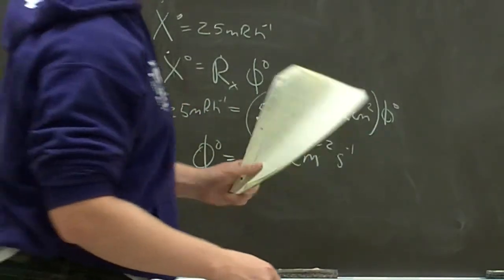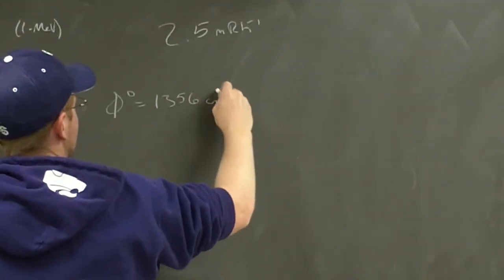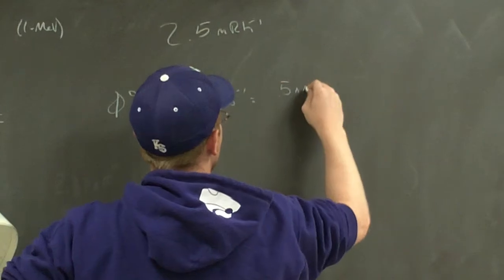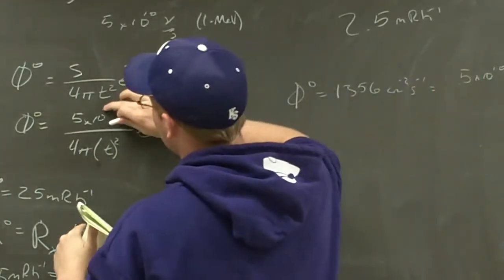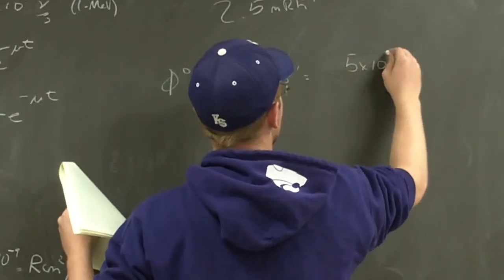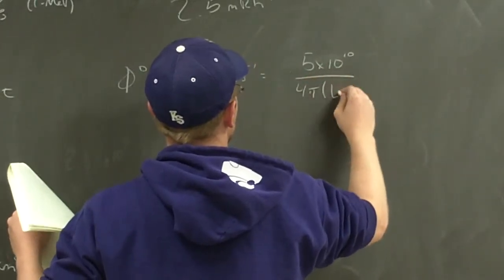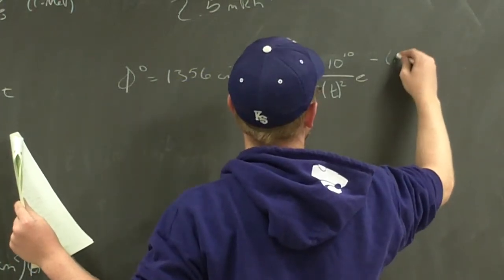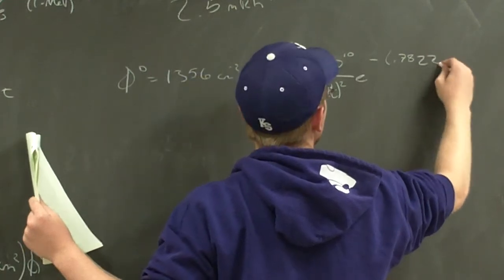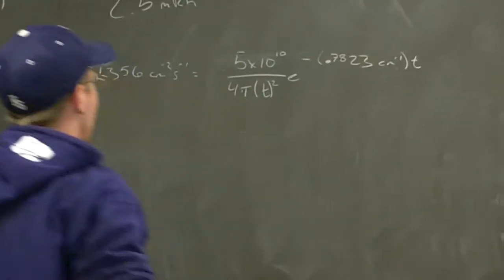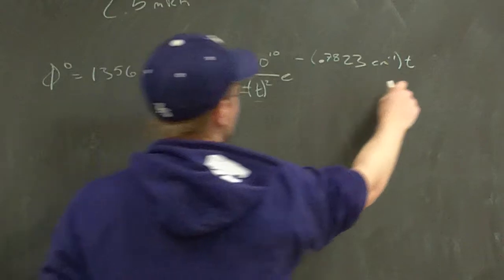So we set 1356 per centimeter squared per second equal to this equation here: 5 times 10 to the 10, this is positive 10, not negative 10, over 4 pi t squared e to the negative mu t, where mu is 0.7823 per centimeter.